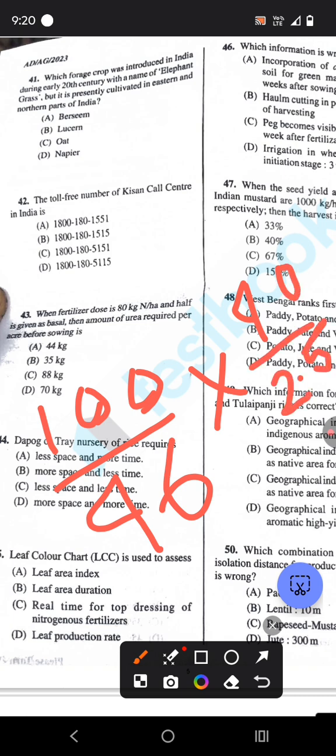We calculate this, and we get 35 kg. So the answer is option number B.